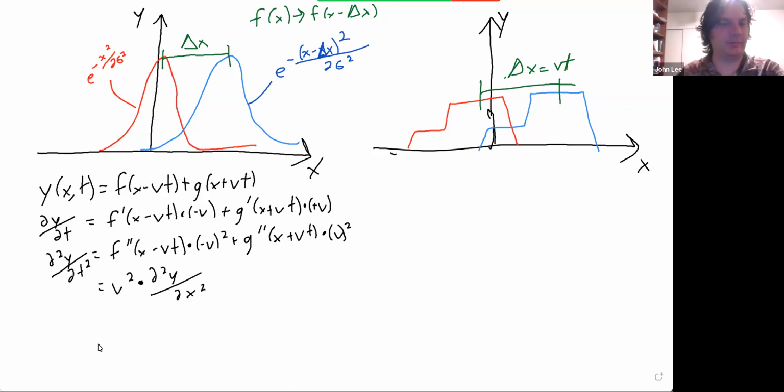So this gives us the wave equation, where the second partial derivative of whatever you're looking at, whatever amplitude or pressure or light, d squared y dx squared, is equal to 1 over v squared times d squared y dt squared, where these are partial derivatives.